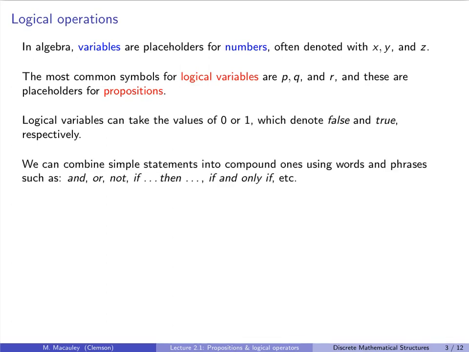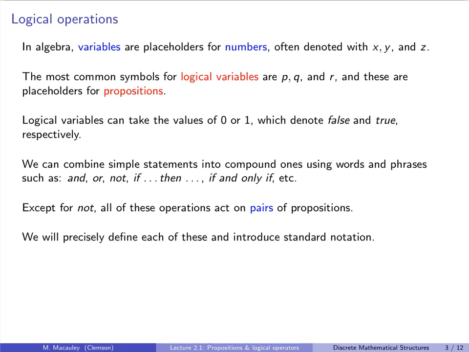We can combine simple statements into compound ones using words and phrases such as and, or, not, if then, if and only if, and so on. Except for not, which acts on a single proposition, all of these operations listed above act on pairs of propositions.